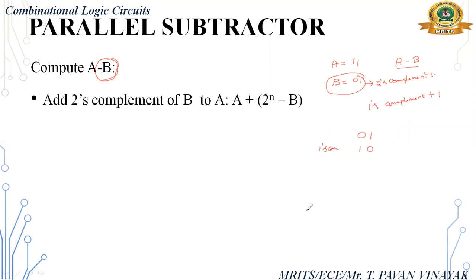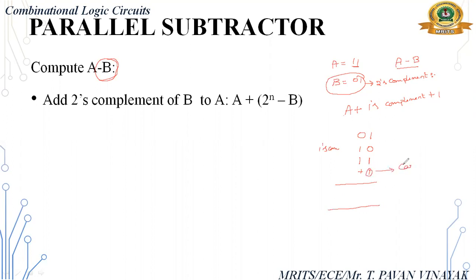Now what do you do for this one? You are adding A and the complement of B, right? What is A here? 1 1 plus 1, right? This one is carry, right?